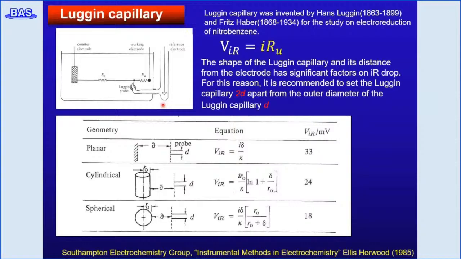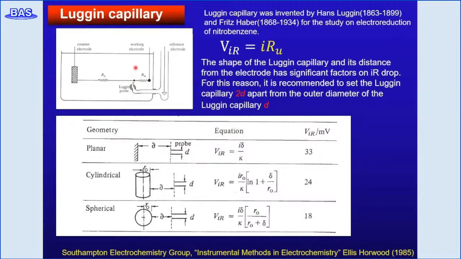Going back to the main topic, the Luggin capillary is placed in the potential gradient generated by the current flowing between the counter and working electrode. The capillary behaves like the contact on the slide wire of a potentiometer, and the potentiostat maintains a constant potential between the Luggin capillary and the working electrode.